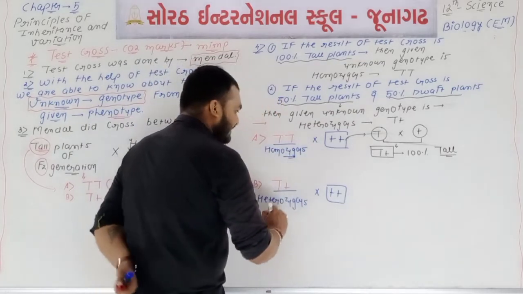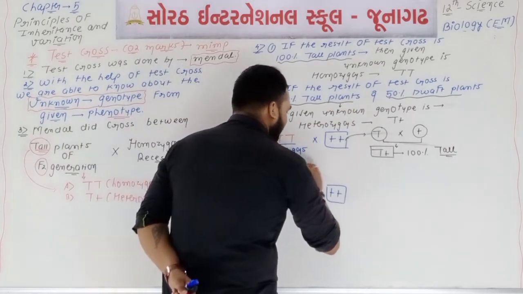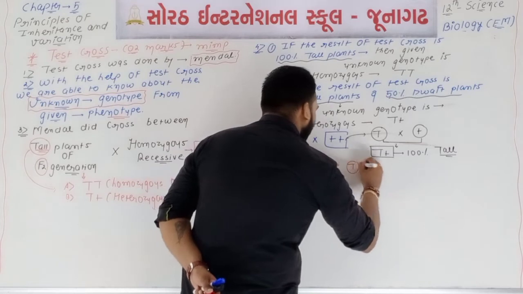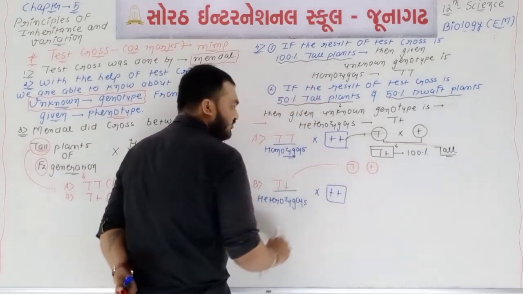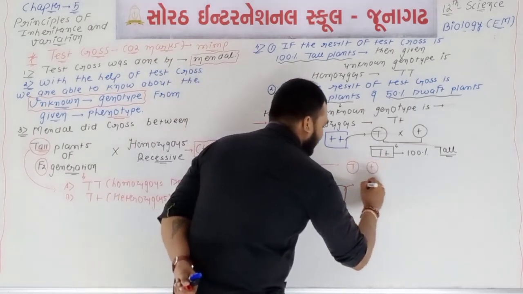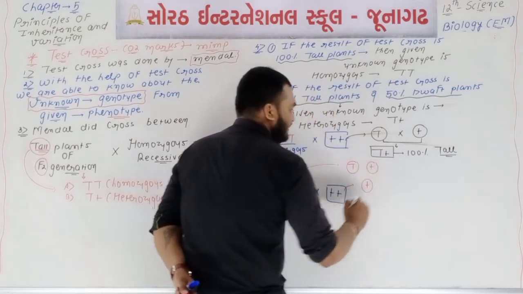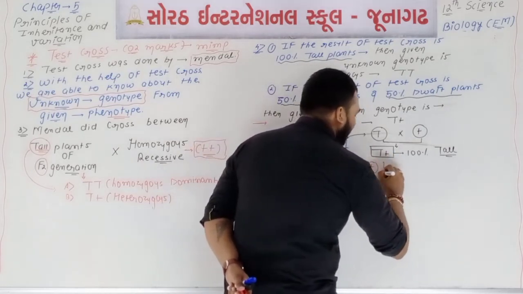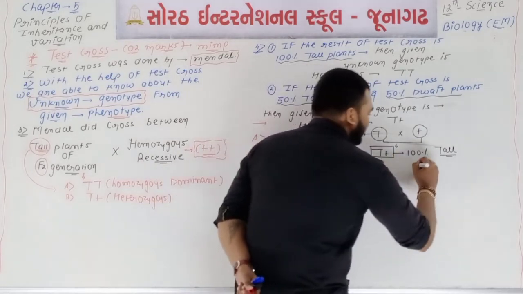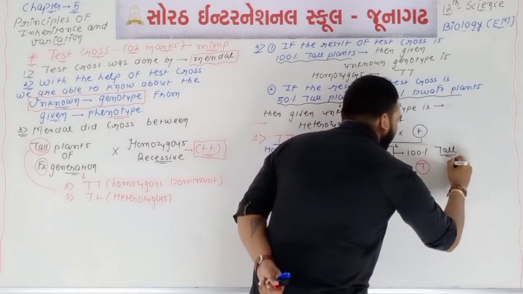We can say that for this, the gametes will be capital T and small t, because it is heterozygous, and from here the gamete will be only small t. If you use the Punnett square for this, then capital T, small t.